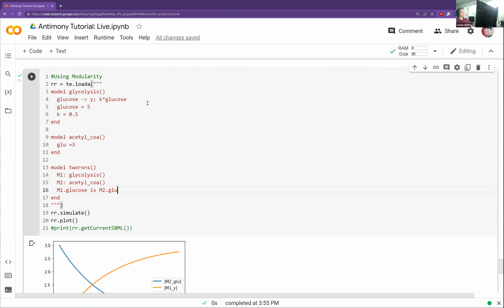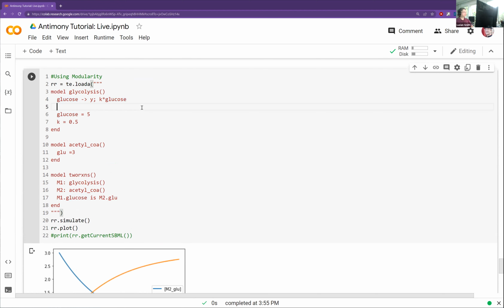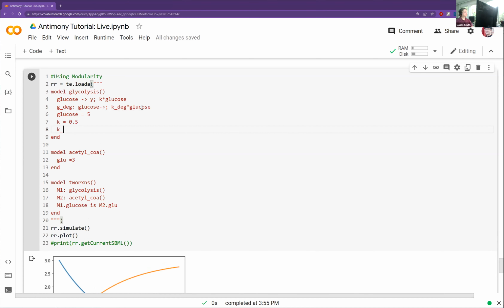If you had, let's say, G-deg, glucose degrading to nothing at a rate of K degradation times glucose, K degradation equals 0.2.